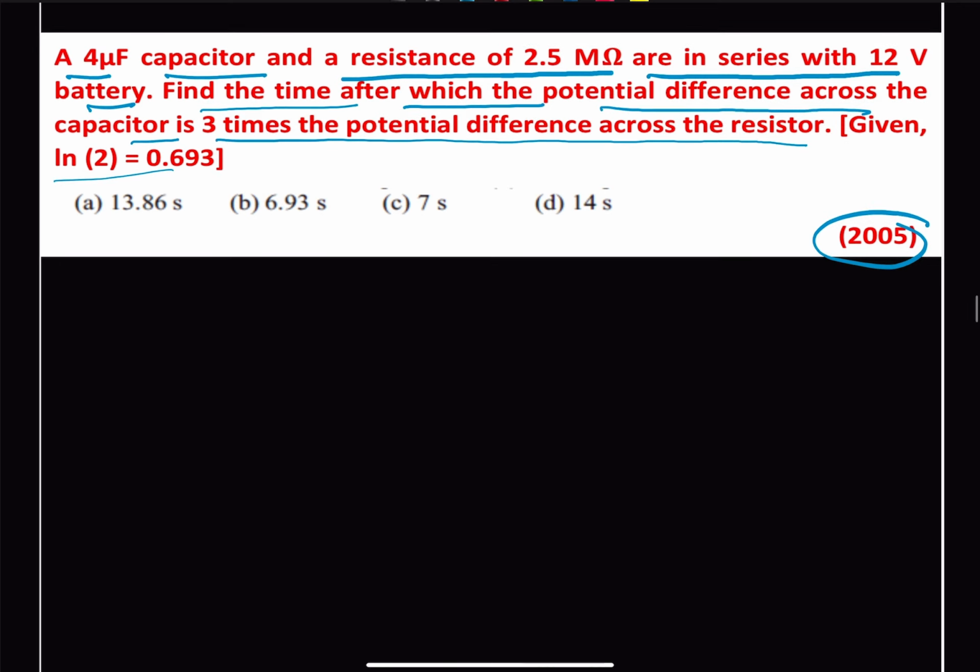So we can just draw the approximate figure. We are given a resistor and a capacitor, they are in series and connected with the battery. That is, the EMF is E, and this is our R and C. So this is our series RC circuit.